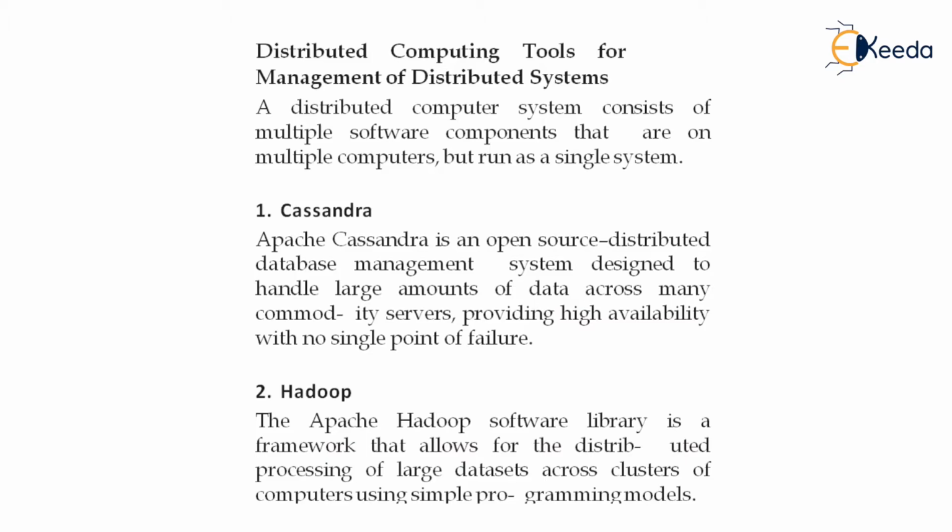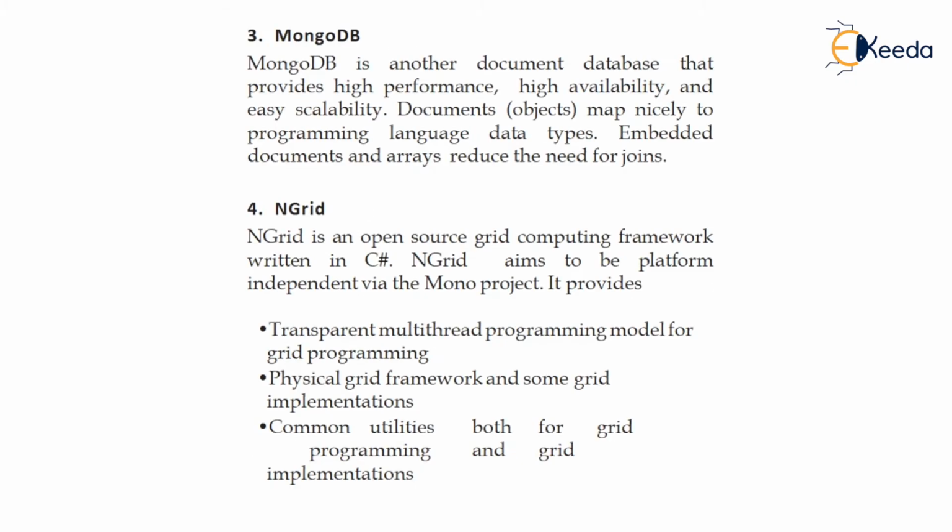The architecture of Hadoop consists of database connectors, input format implementation, HDFS, different nodes, the job tracker and a name node, whereas different nodes are present as task trackers in this Hadoop architecture. So this is all about the distributed computing tools, that is, open source tools for management of distributed systems.